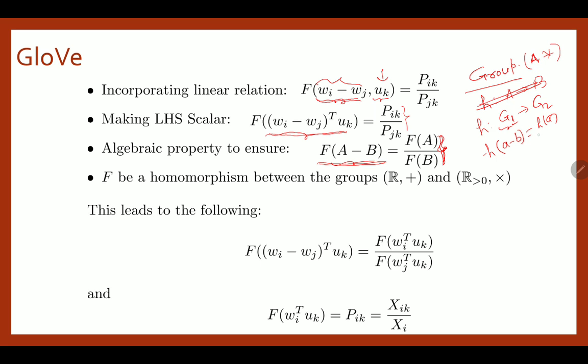So if G2 has the operation of multiplication, that needs to be preserved here. That's what the group homomorphism means.